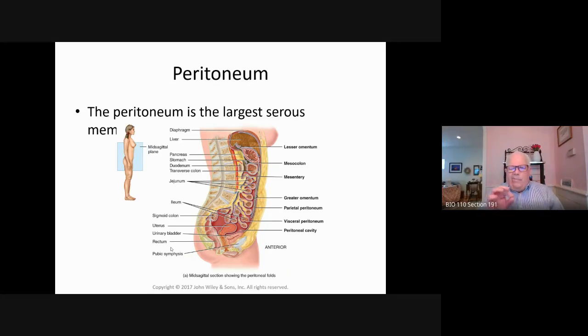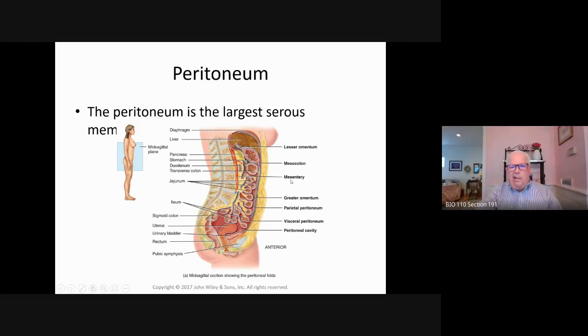Okay? The peritoneum is divided into many sections. Here are the sections: the lesser omentum, the mesocolon, the mesentery. Those are the three sections of the peritoneal membrane. There are more sections.